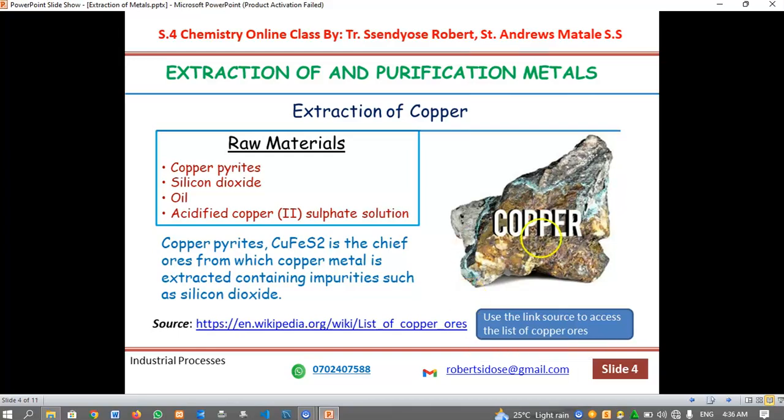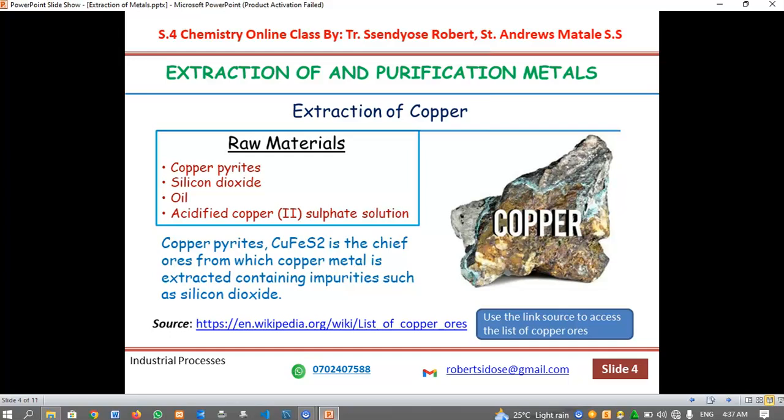This is the ore of copper in the picture, and these are the raw materials used to extract copper. The raw materials are copper pyrite, silicon dioxide, oil, and acidified copper sulfate solution. The main raw material is copper pyrite, an ore from which copper is to be extracted.